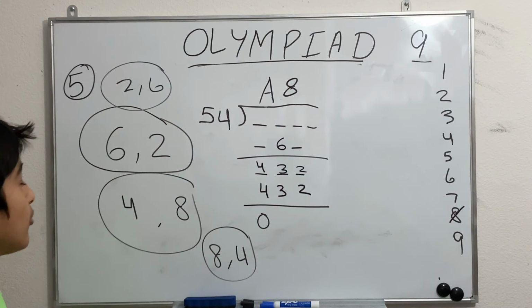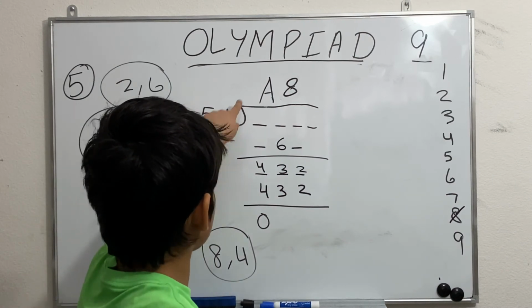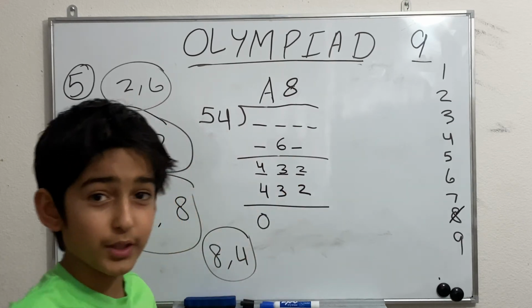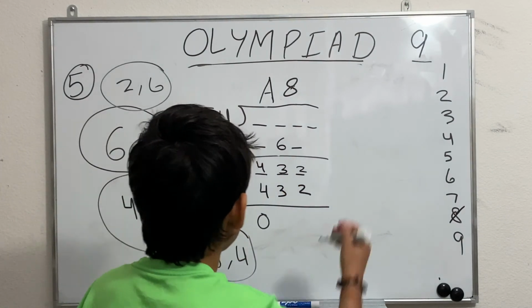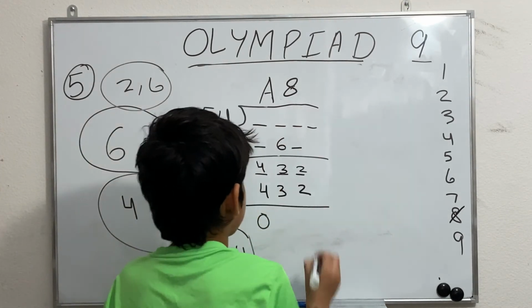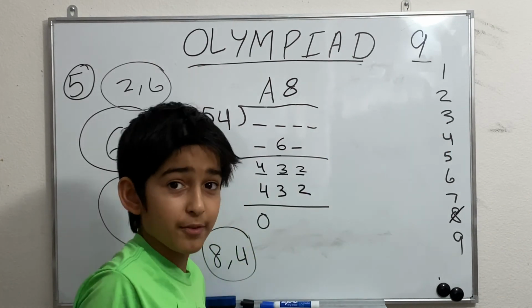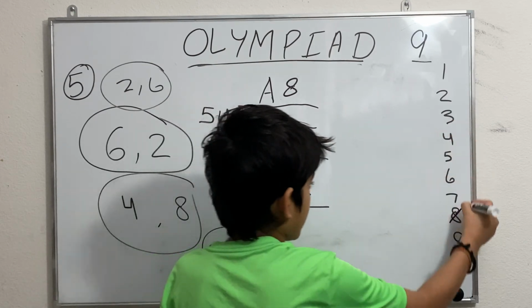Now we have to find out 54 multiplied by A is equal to blank 6 blank. So the tens digit is 6. Let's try 54 times 1. It has to be 3 digits, so it cannot be 54 times 1, and it is cancelled out.